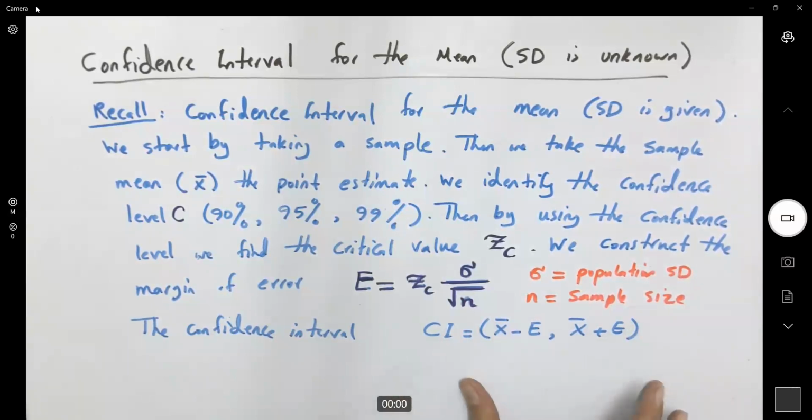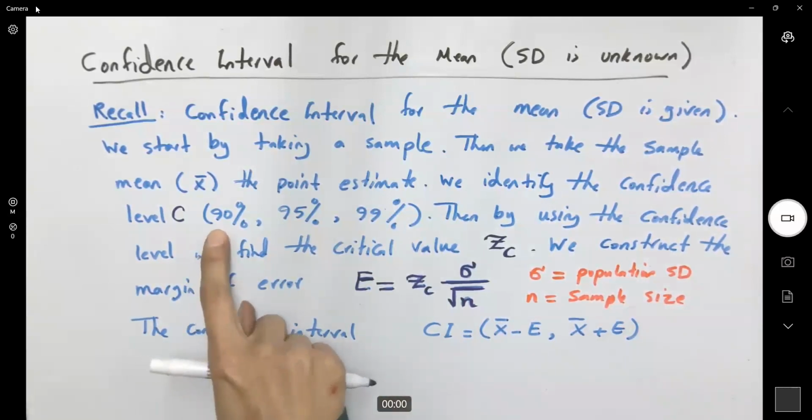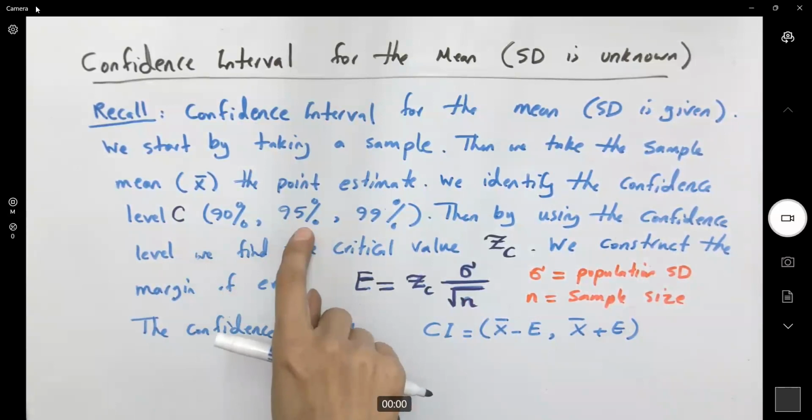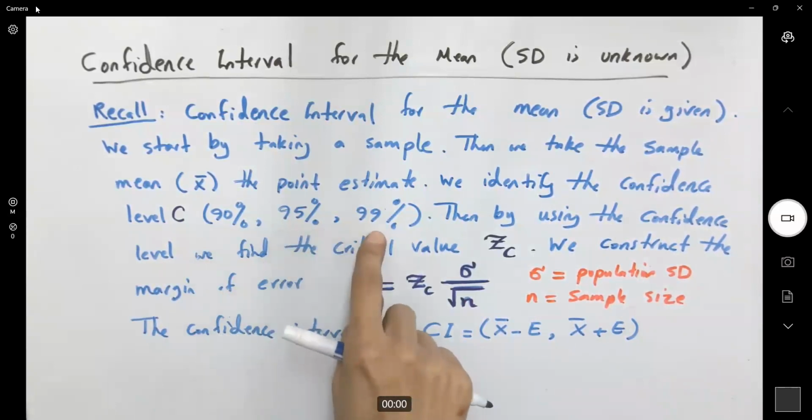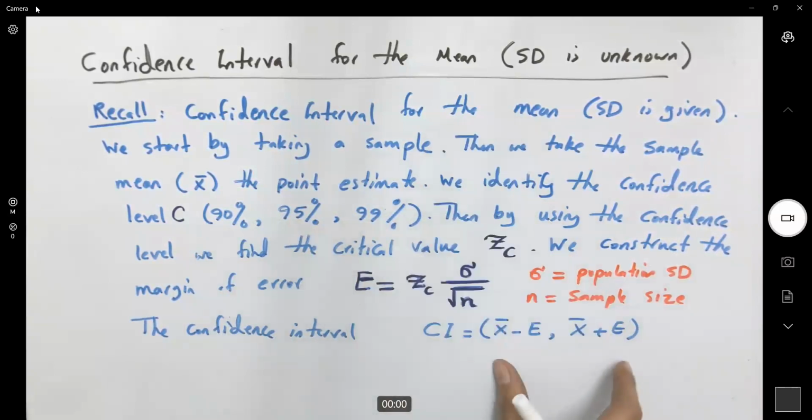The interpretation was we are 90% confident. We are 95% confident. We are 99% confident that the population mean is between these two numbers.